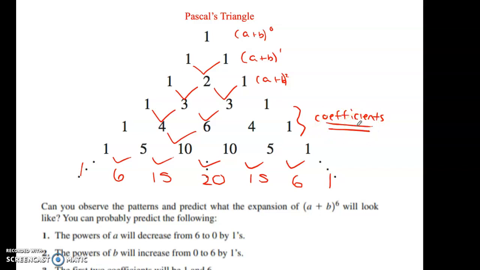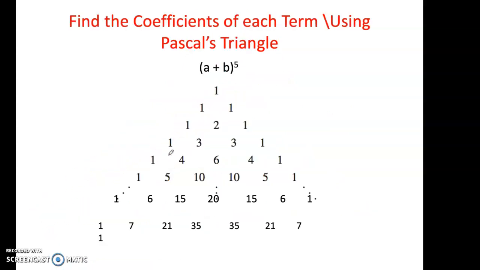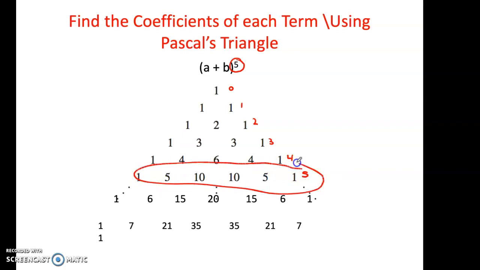So we're going to talk about how to use Pascal's triangle now. We want to find the coefficients of each term using Pascal's triangle. Now, this is to the 5th power. Well, this was to the 0 power, 1st power, 2nd power, 3rd power, 4th power, and this is the 5th power. So the coefficients of our final answer would be these numbers.